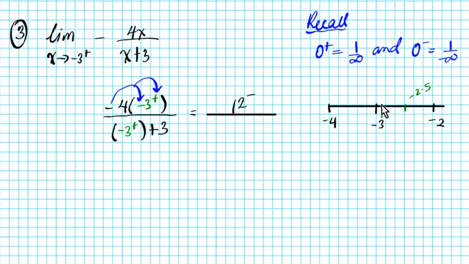If you get really, really close to -3 from the right, because we're approaching -3 from the right, this is going to be something like -2.99. So if you get infinitely close to -3 from the right, you will have -2.99, an infinite number of 9s, plus 3.